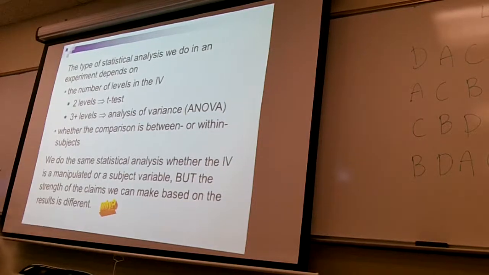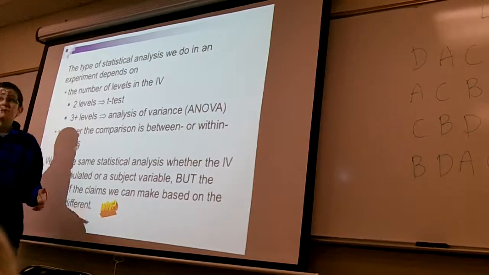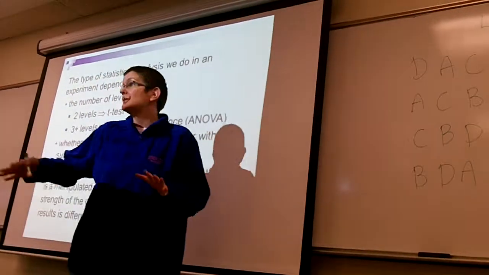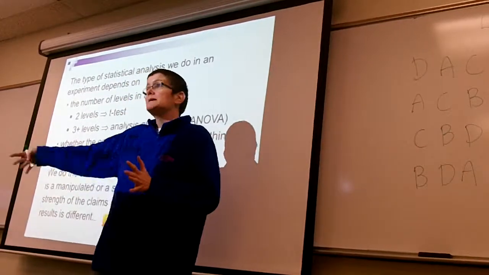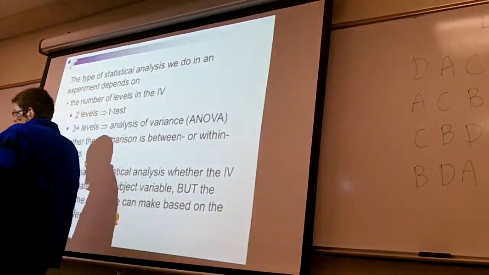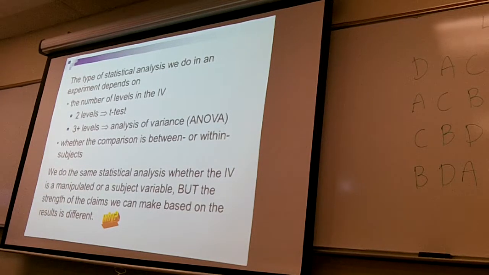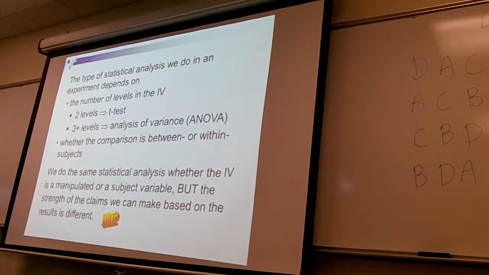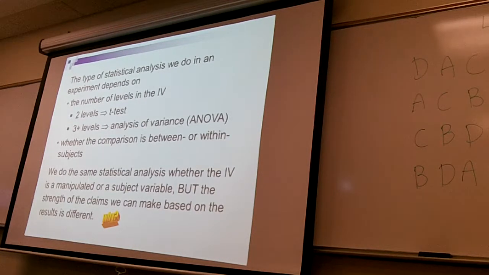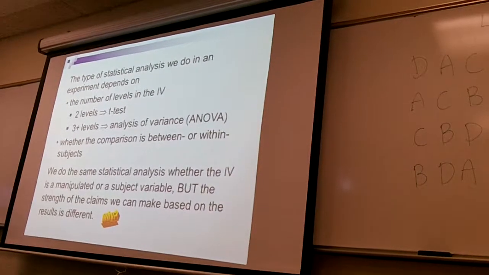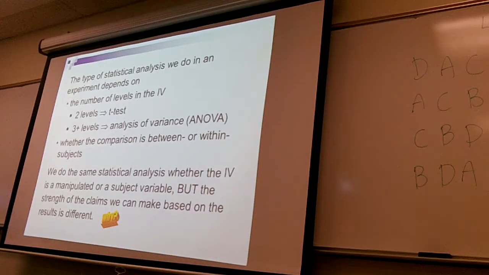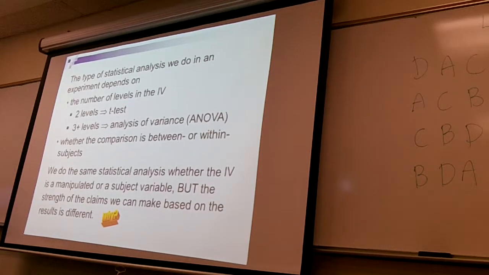But if it's a subject variable, that means I'm not able to do the randomizing things, either to randomly assign subjects to groups or to randomize the order in which subjects experience the IV levels. And in that case, the best I can do is an association claim. Maybe a strong association claim, maybe a weak association claim, depends on my data. But I cannot make a causal claim with a subject variable IV. Can't do it, because it's a quasi-experimental study.